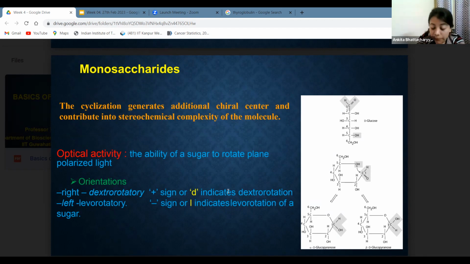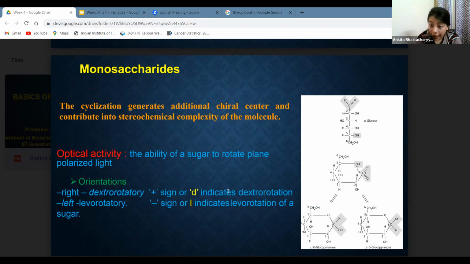Now comes a very important terminology, which is optical activity. For any sugar molecule, any carbohydrate or particularly monosaccharide, if the sugar is able to rotate the plane of polarized light, that is, when plane polarized light is incident upon the sugar and it changes the direction of that light, then it is said to be optically active.